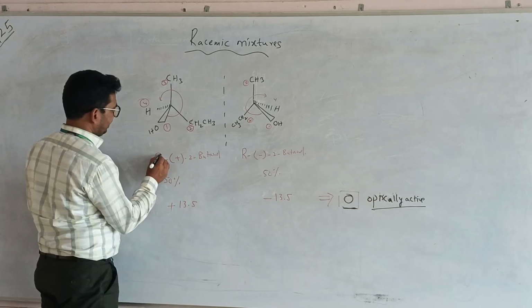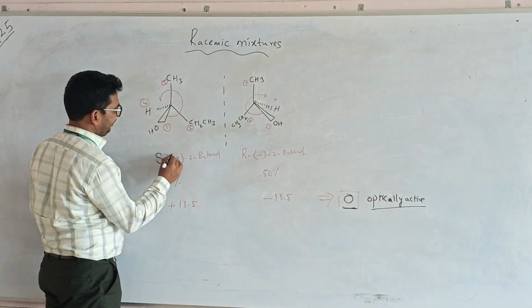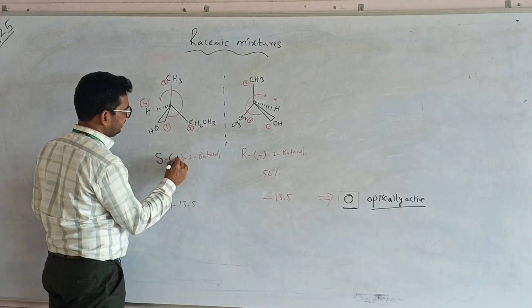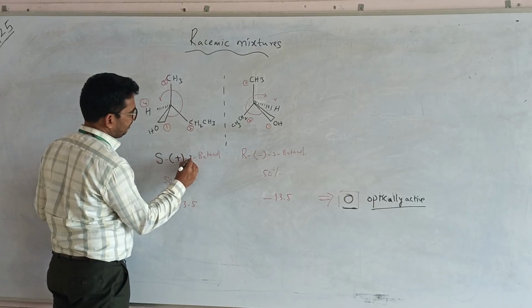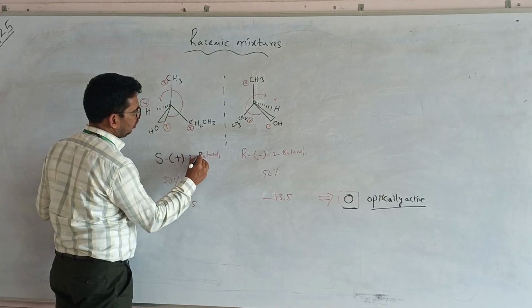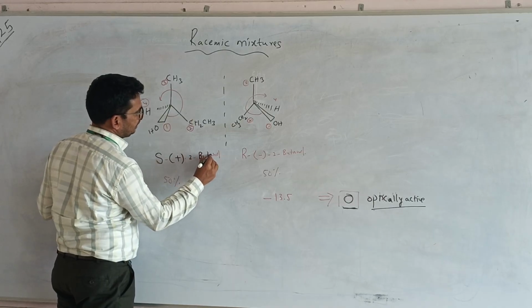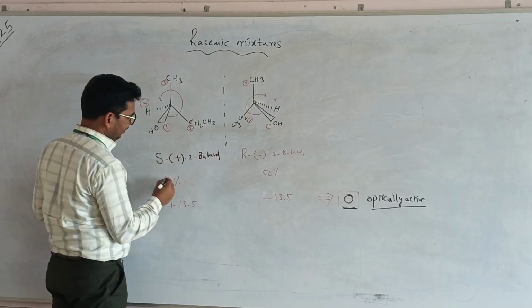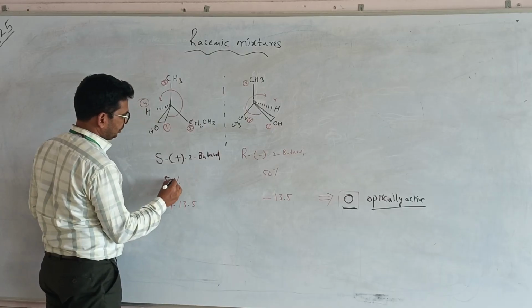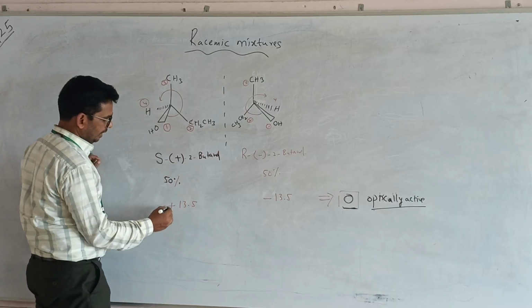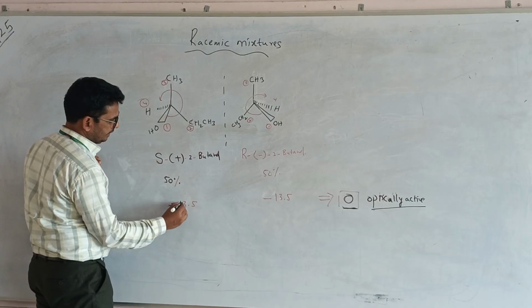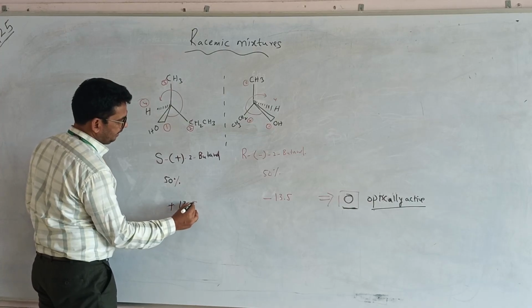Yes, sir. Okay, because one has S configuration, but the degree of rotation is positive, and it is 2-butanol having 50% in the mixture. That is S-butanol, and the degree of rotation is plus 13.5.